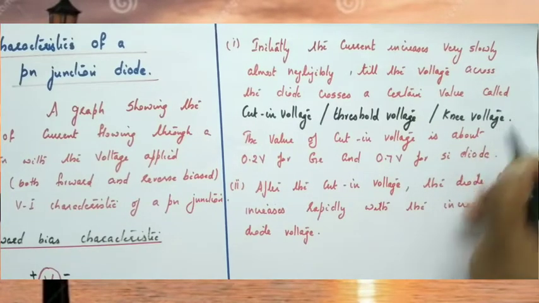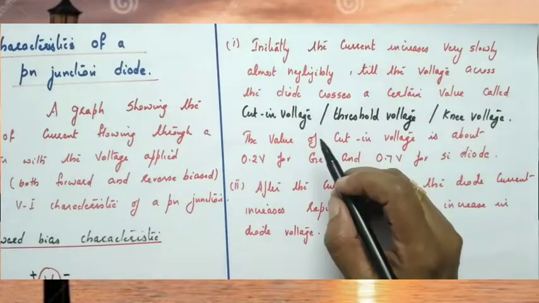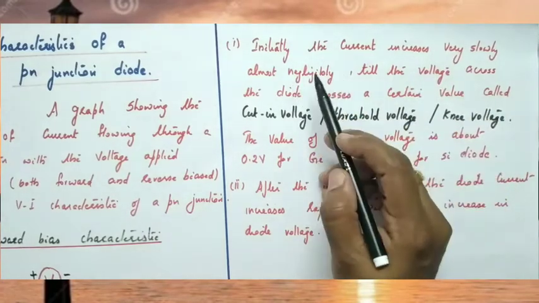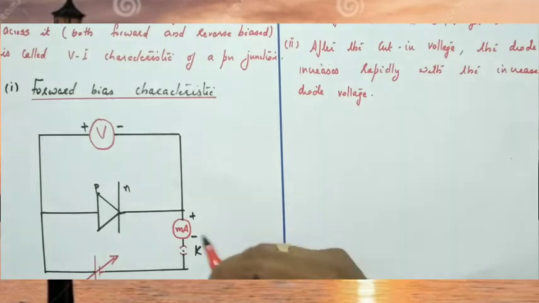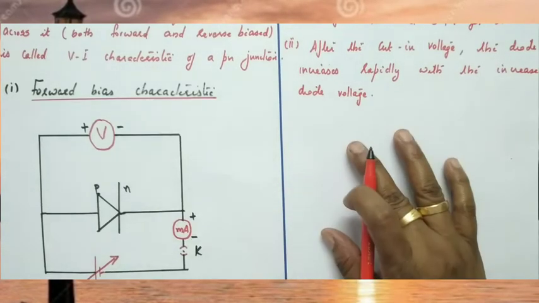So up to the barrier voltage, what is the current? Current is equal to 0. Why is the current 0? That shows that the p-n junction diode does not conduct. So up to barrier potential, the diode does not conduct, and hence the milliammeter shows 0 deflection.